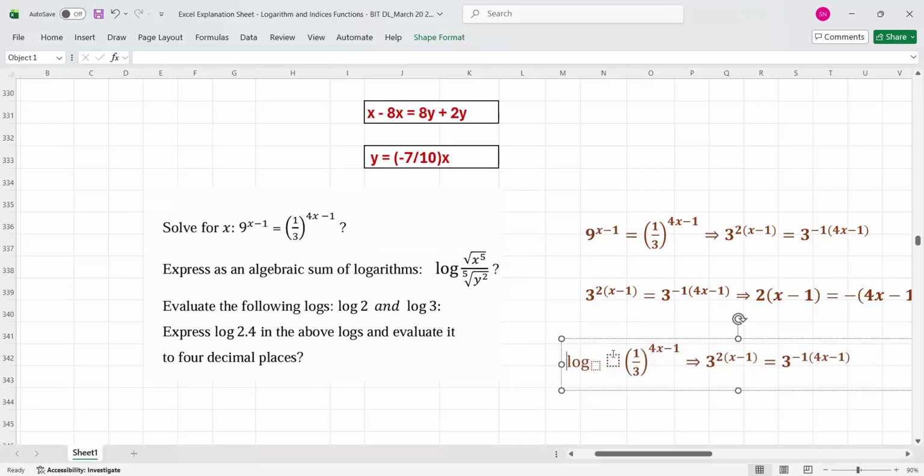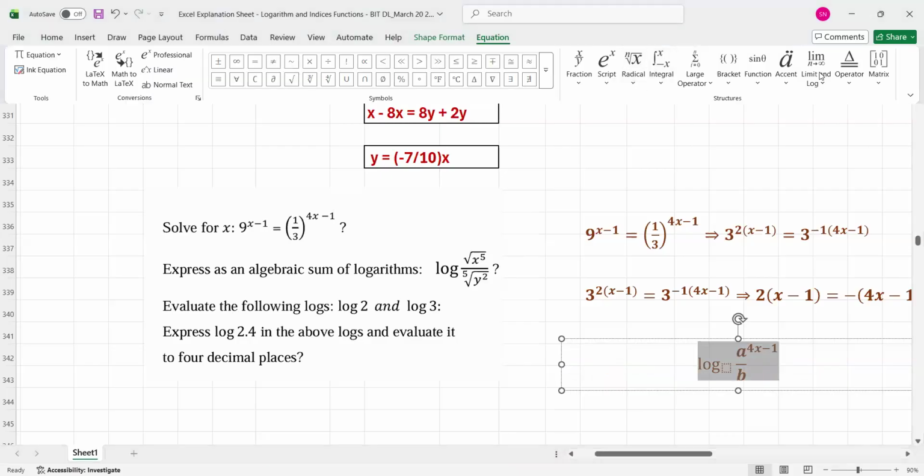I'm saying that you have to change this expression you have here into powers of indices. Okay, so I have to start all over again.